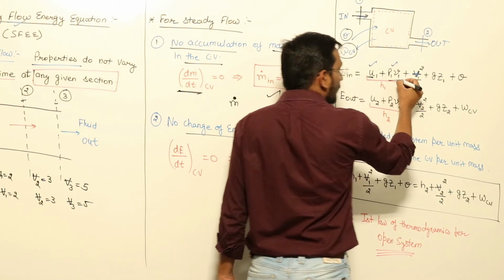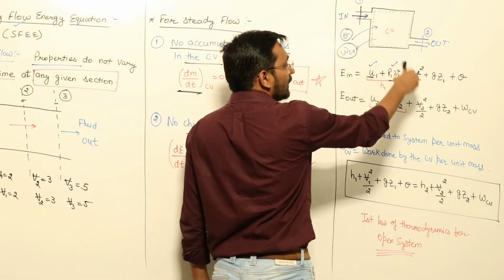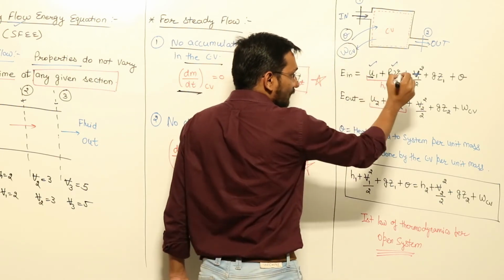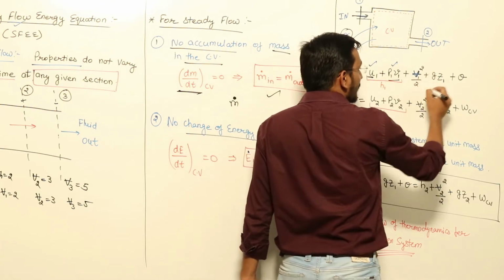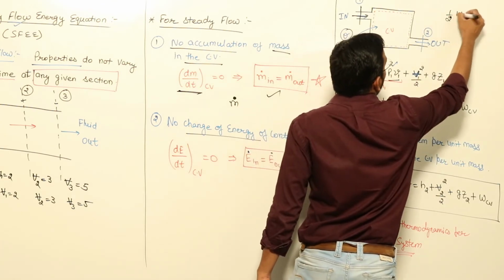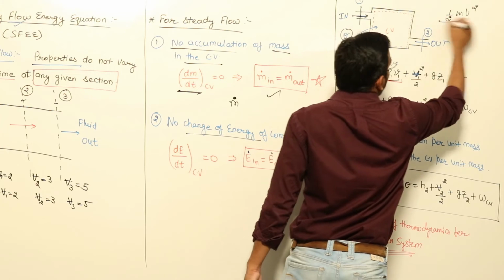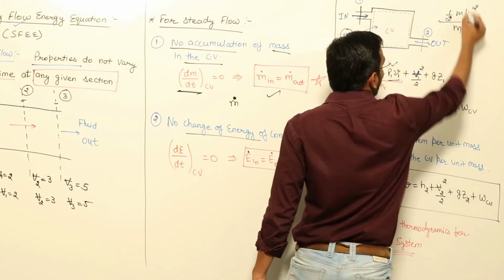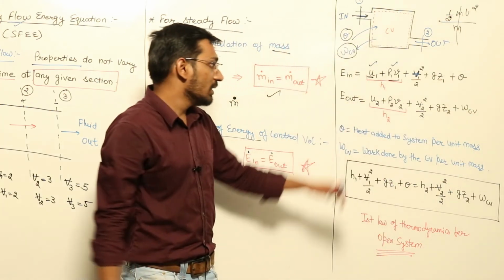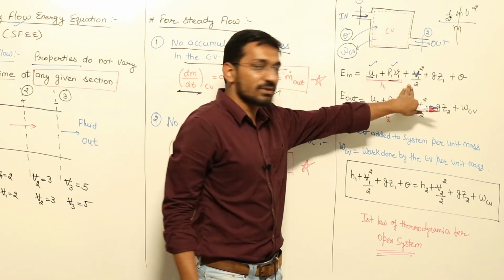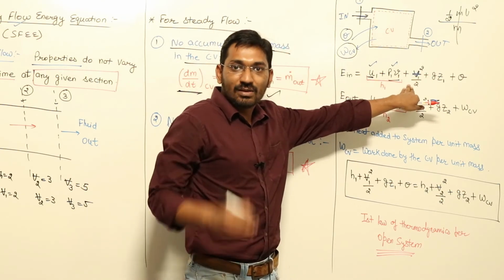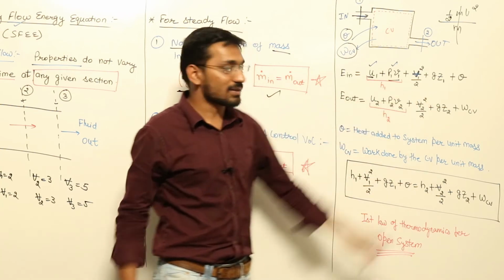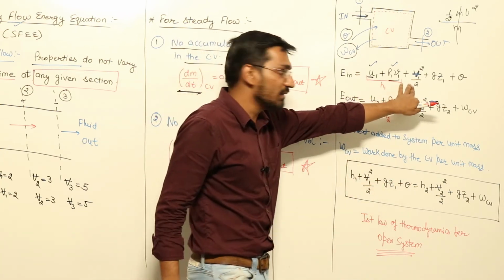This is the flow work per unit mass, P1 into v1, where v is specific volume. Kinetic energy half m v square divided by m, so m cancels out, gives 1 by 2 V square, kinetic energy per unit mass. This is because of velocity V1.